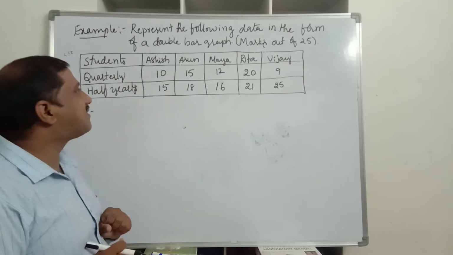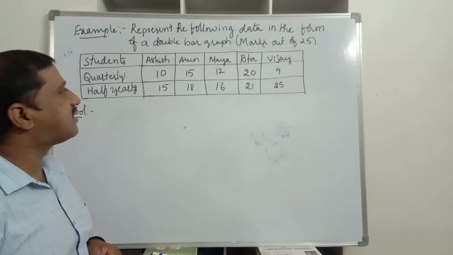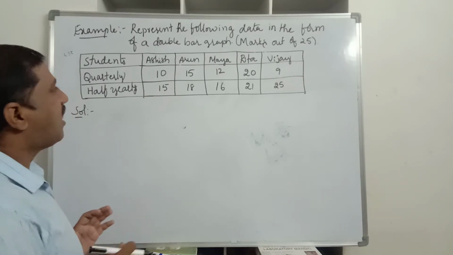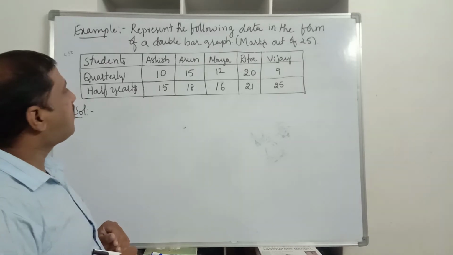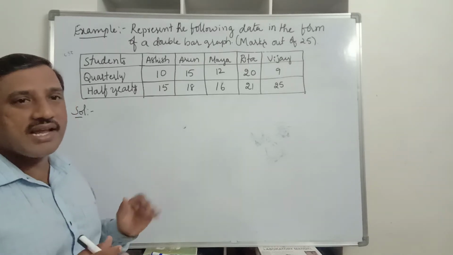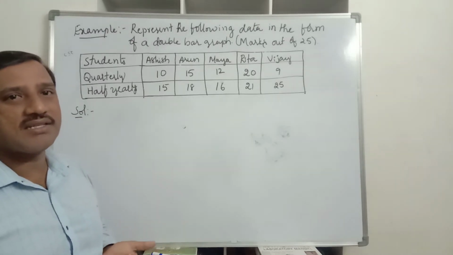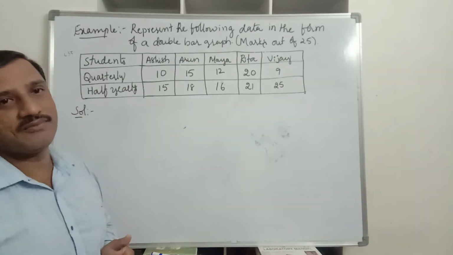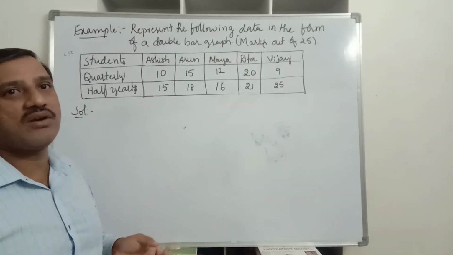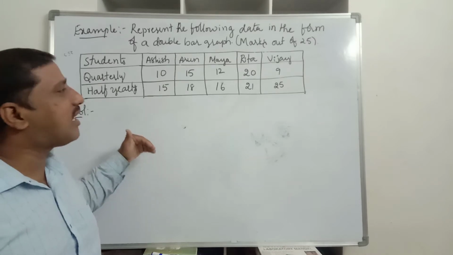So observe the values 10, 15, 12, 20, 9, 15, 18, 16, 21 and 25. 25 is the highest value, and the least value here is 9. So what scale can we choose? Better we can choose 1 centimeter equals 5 marks. If you take 1 centimeter equals 10 marks, we will get only 3 widths, that is 10, 20 and 30.